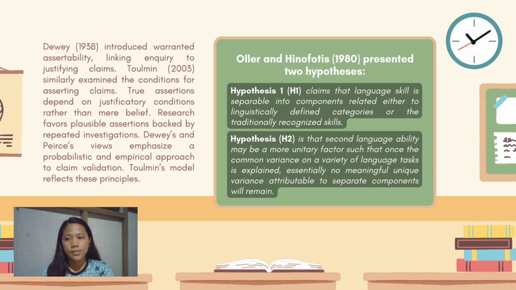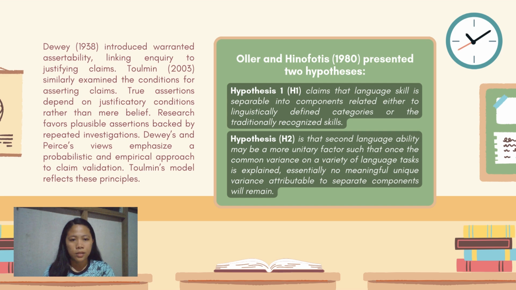H1 suggests that language skills can be broken into separate components, which may either align with linguistic categories, like grammar or vocabulary, or the traditional skills such as reading, writing, speaking, and listening.